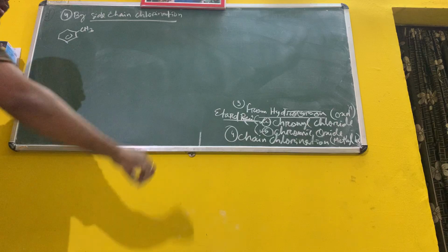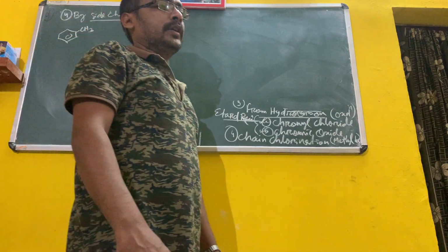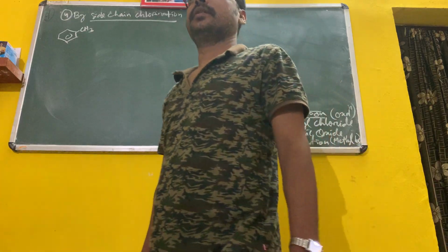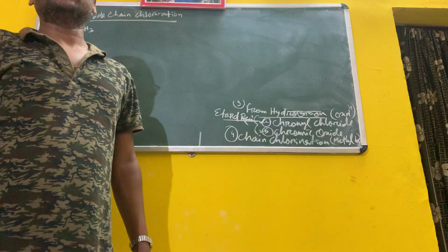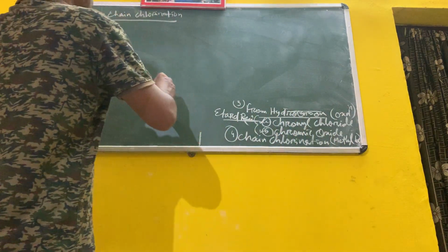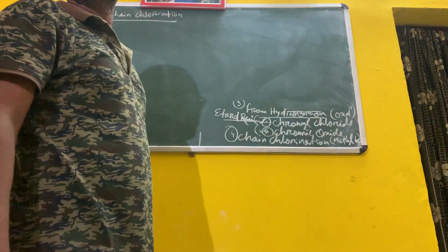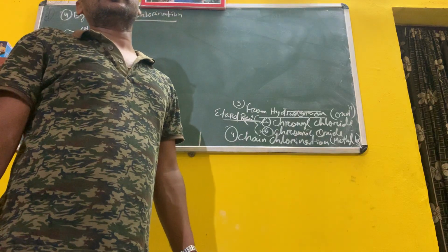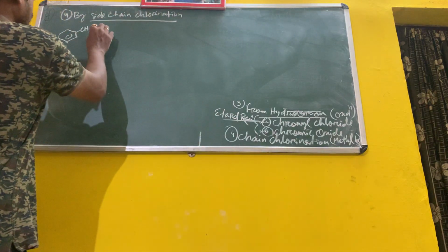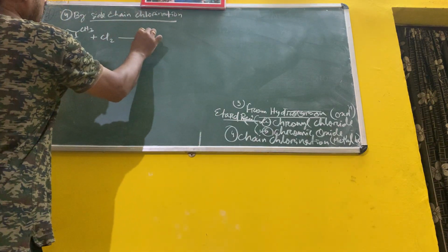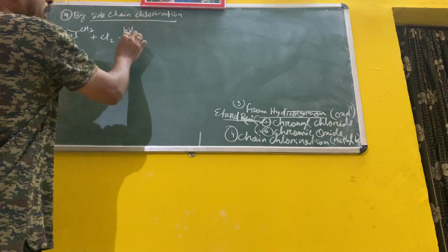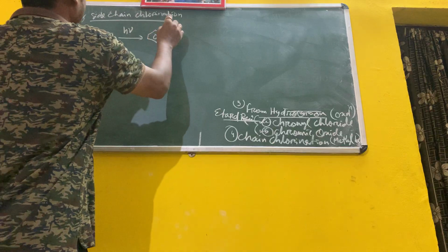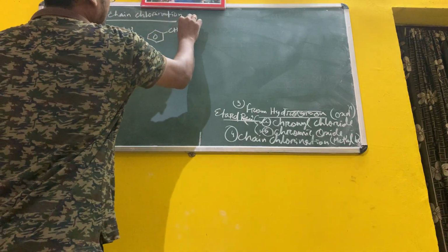When toluene is treated with chlorine or halogen in presence of light, that is UV light, to form one derivative, benzal chloride, that is benzene CHCl2. Toluene plus Cl2 in presence of hv, or you can write sunlight, to form benzal chloride, CHCl2.